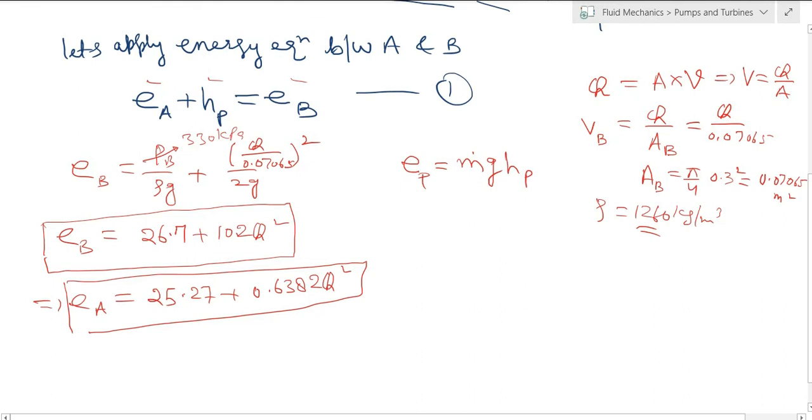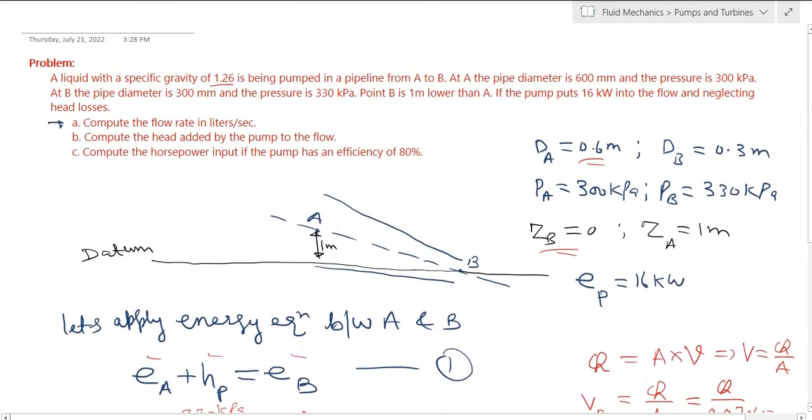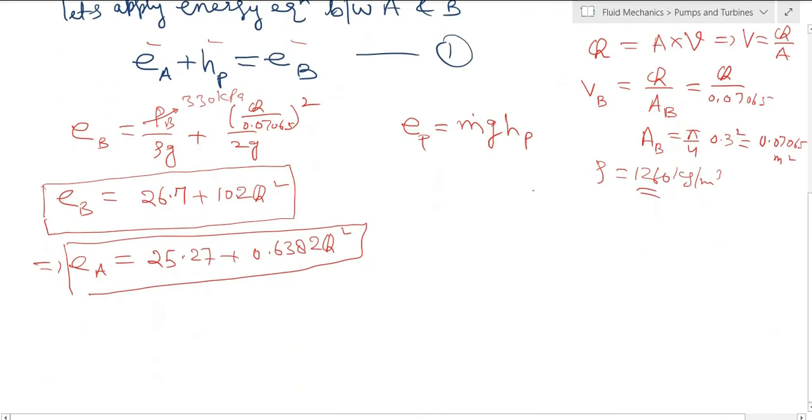So now again we need to find the flow rate, right? We want to compute the flow rate. It means find Q. Q is the flow rate. Now here is m dot. We are going to convert m dot into Q, that is mass flow rate into the volumetric flow rate, because here it is volumetric flow rate, here it is volumetric flow rate.